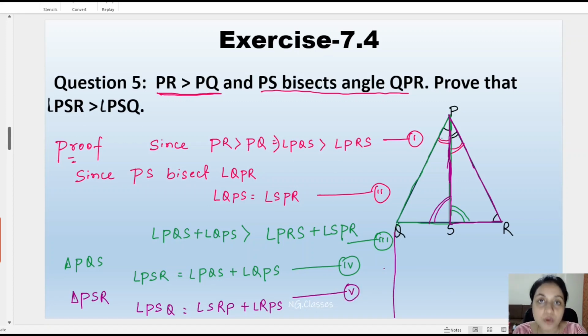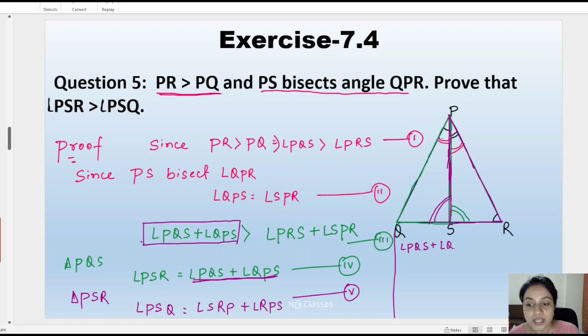Now let's focus on equation number 3. Can you see the rectangular part? We have angle PQS plus QPS. In equation number 4, the value of PQS plus QPS is angle PSR. So let's write equation number 3 at first, that we have PQS plus angle QPS is larger than angle PRS plus angle SPR.